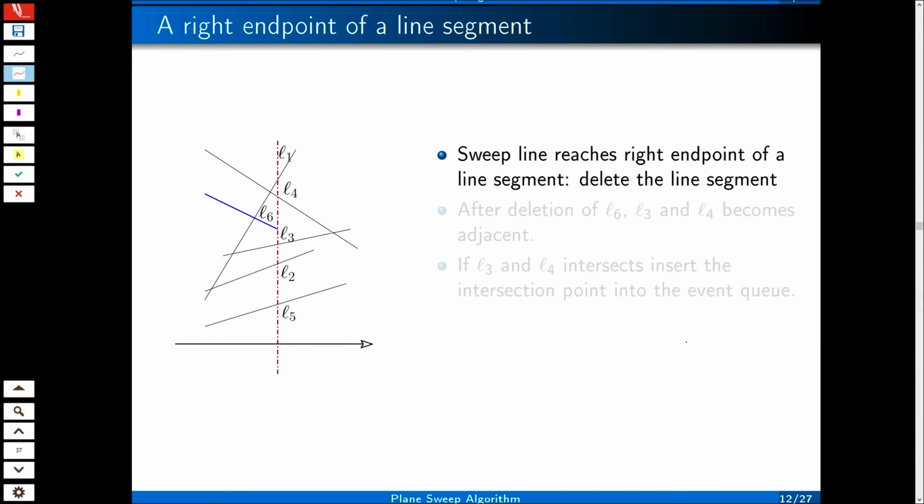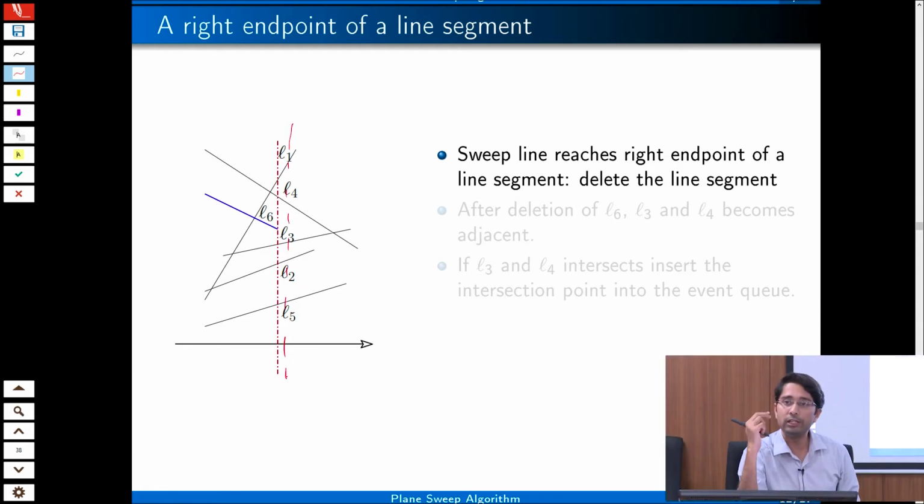Okay, what is the next event point? Next is a right endpoint of a line segment. When L6 gets deleted, if I move the sweep line right, L6 will not be present. So which are the new neighbors? L3 becomes a neighbor of L4.